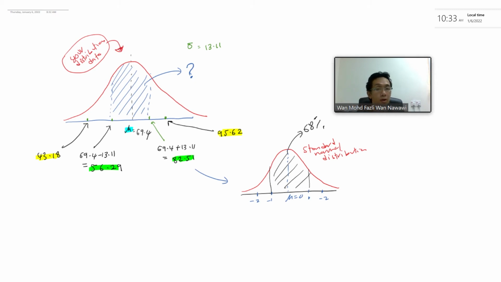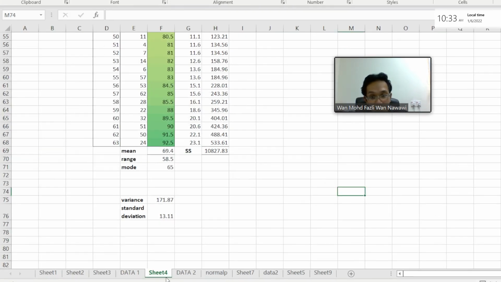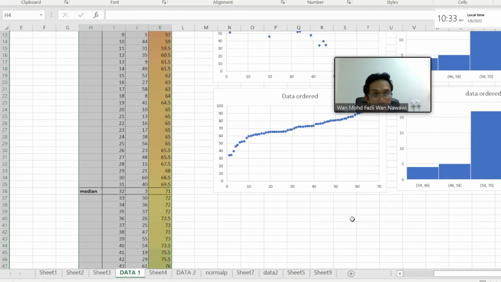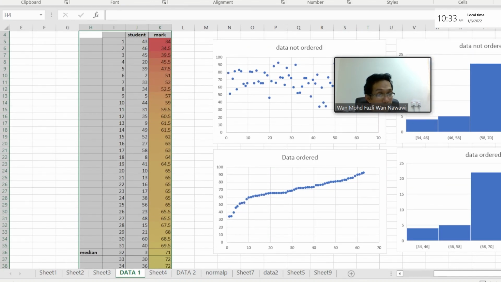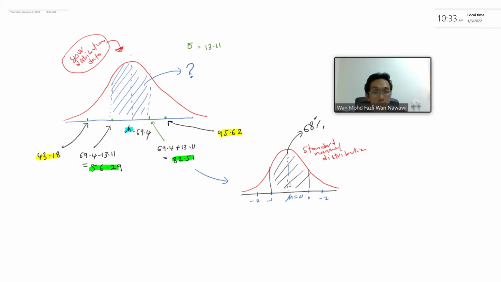Even though it looks like a normal distribution, because the histogram that we got is more or less a bell curve, this distribution data is not equal to the normal distribution.